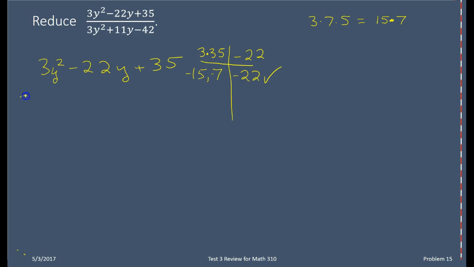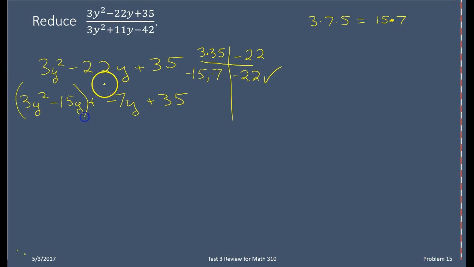So we now do what we did before, 3y squared, and this time both of them are negatives. So I'm going to put a plus in the middle and then put minus 7y plus 35 so that I can group. Minus 15y plus minus 7y equals minus 22y.